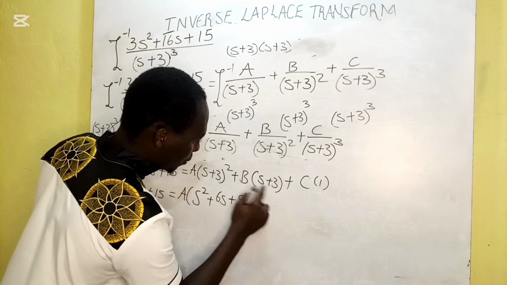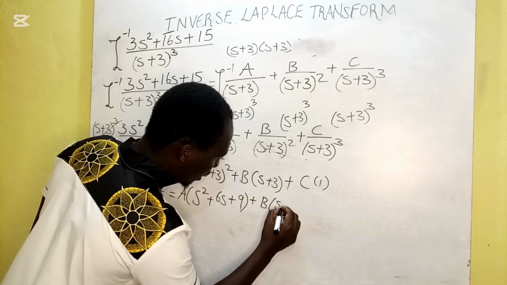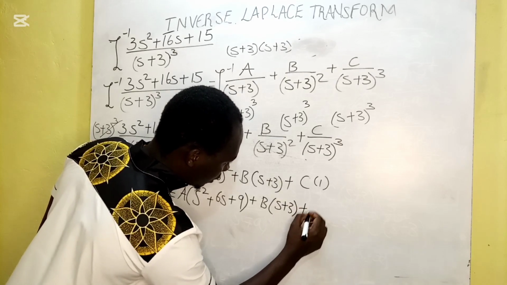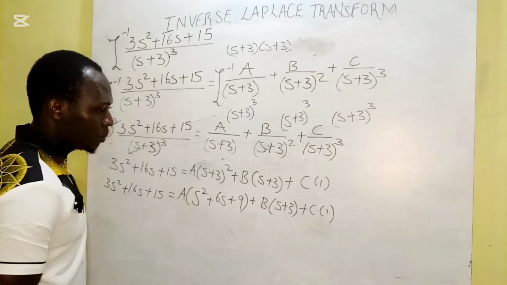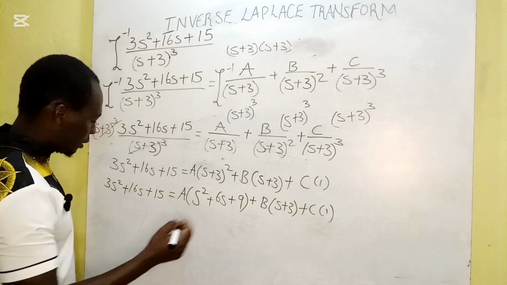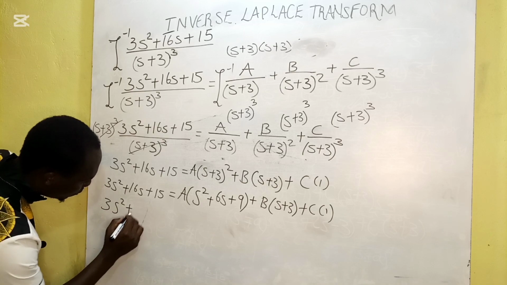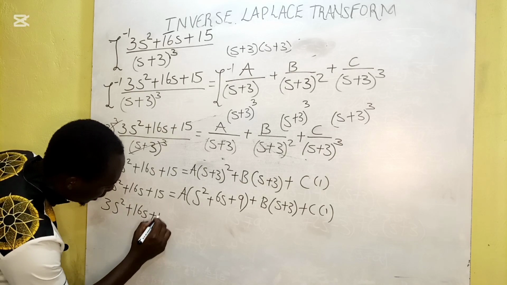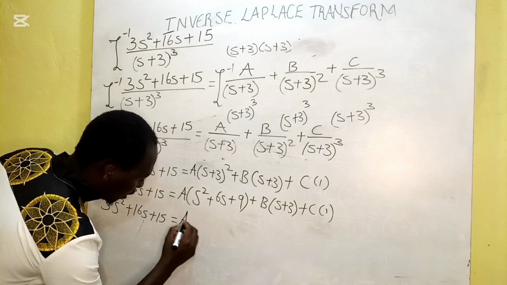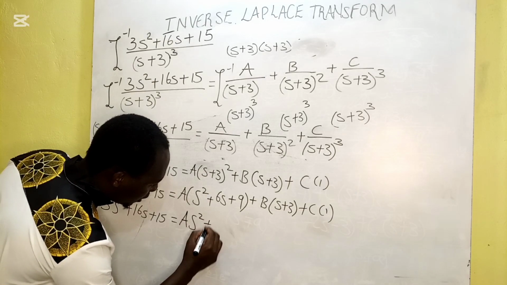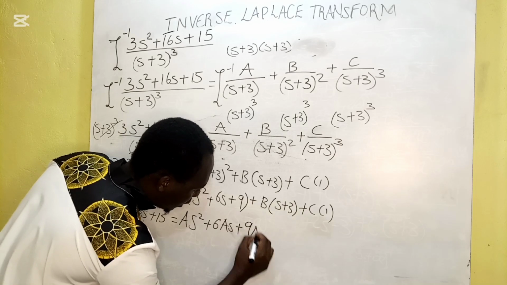Here we are going to have b into s, we add to 3, we add to c into 1. When we open the bracket using the value of a, b, and c, we are going to have 3s squared, we add to 16s, we add to 15 is equals to as squared, we add to 6as, we add to 9a.